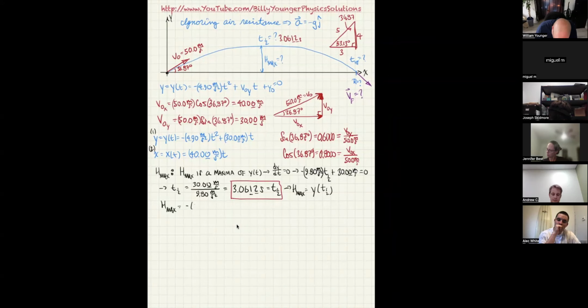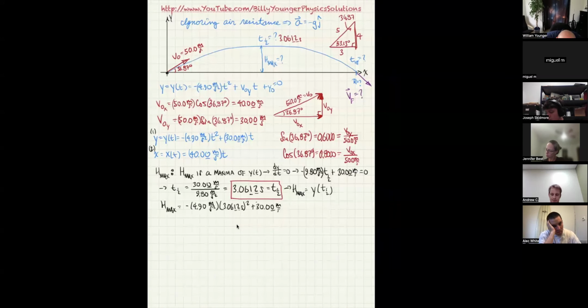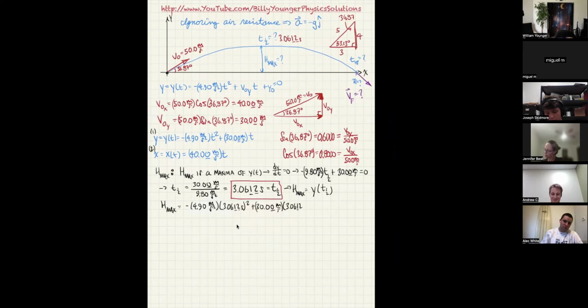This is negative 4.90 meters per second squared times t1/2, which is 3.0612 seconds, squared, plus 30.0 meters per second times 3.0612 seconds.